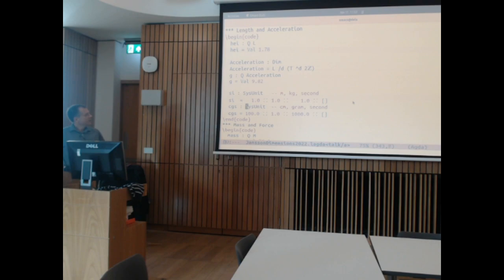And then how do I define the values here? Well, as I said earlier, this is what I divide the unit by to get to the system. So I divided meters by 100 to get centimeters. Another way of reading it is that 100 centimeters is 1 meter.